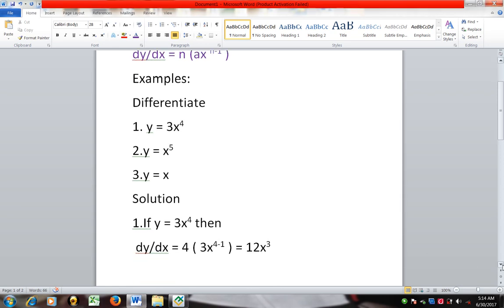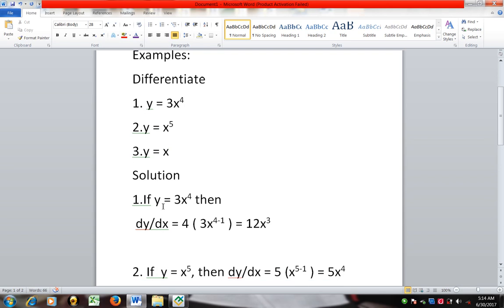Now the first one, we said y is equal to 3x raised to power 4. Now follow our principle: the power is 4, so dy/dx will be equal to 4 into the same function, which is 3x raised to power 4, but we have to subtract 1 from it. That's 4 minus 1. So we have 4 into the open bracket, 3x raised to power 4 minus 1.